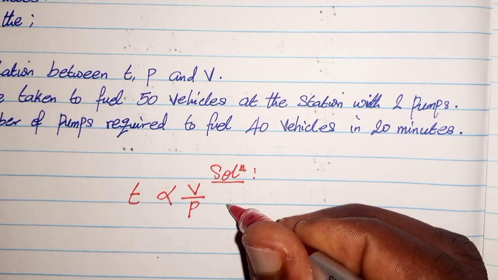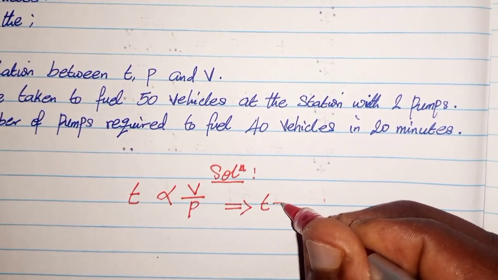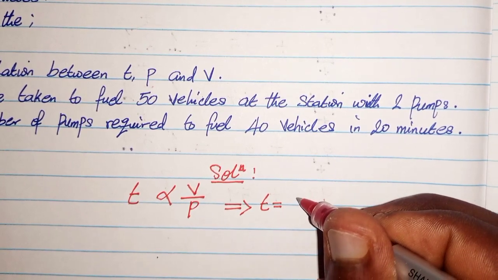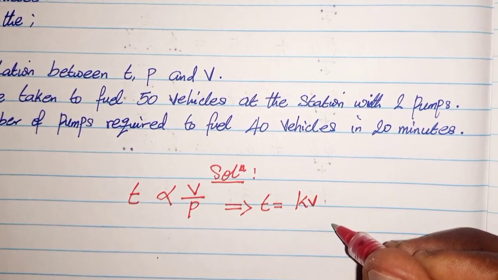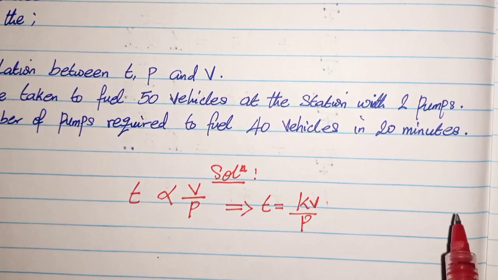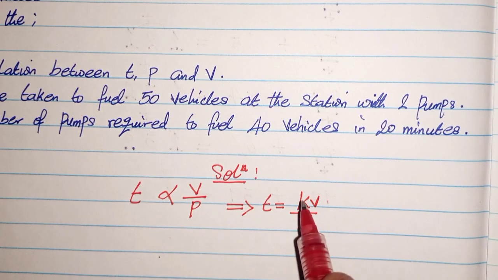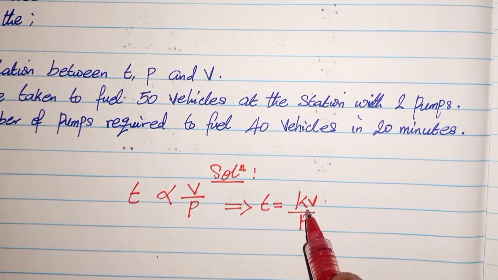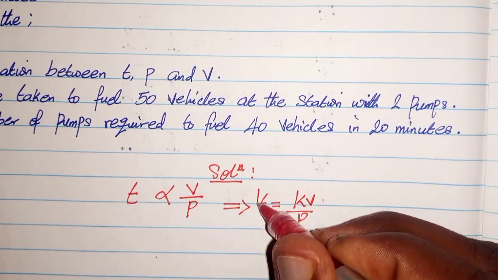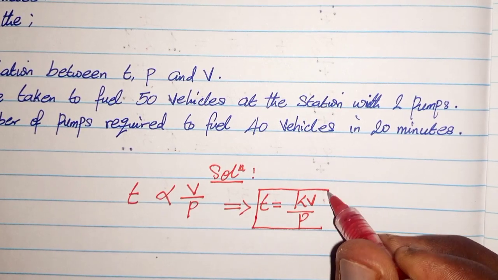So this will imply that T is equal to KV all over P. When you remove the proportionality sign, you introduce the constant of proportionality, and this will give us our main formula. This is the formula that we will be working with from now on.